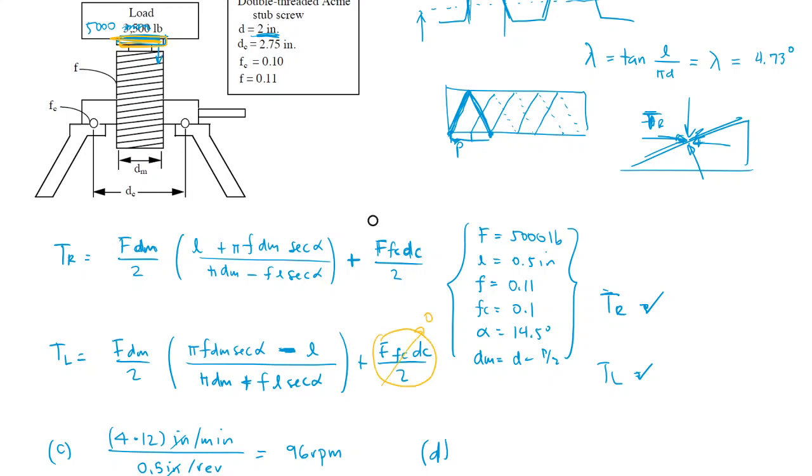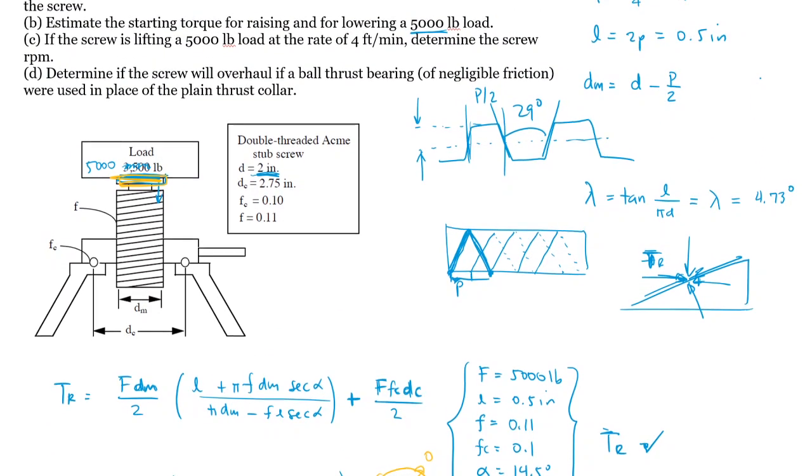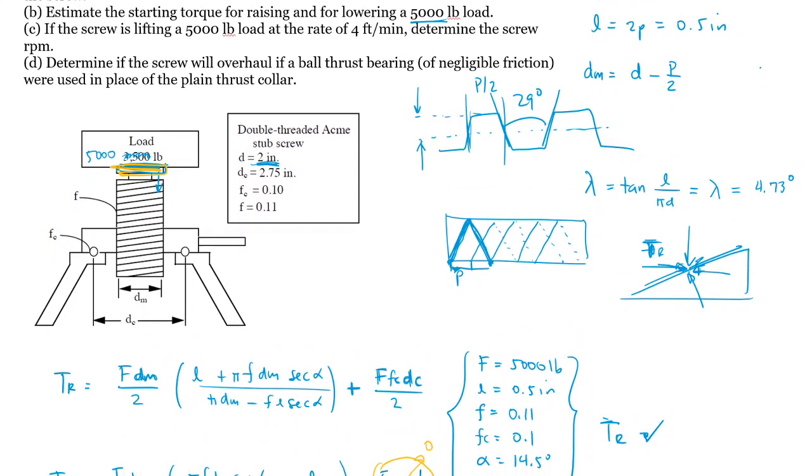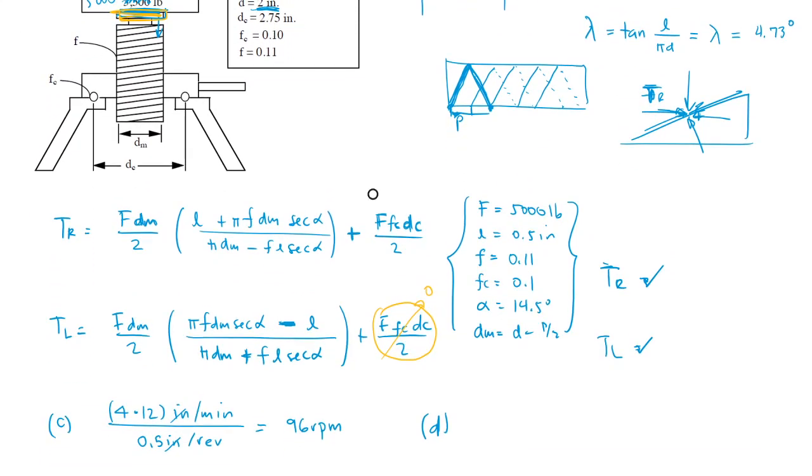Okay, but there's still friction within the thread, so the rest is that. And I'm checking if the screw will overhaul, meaning that the torque required to lower the load, bring it down, is 0 or a negative value, meaning that just the load itself would make the screw start screwing in and go down in the downward direction.